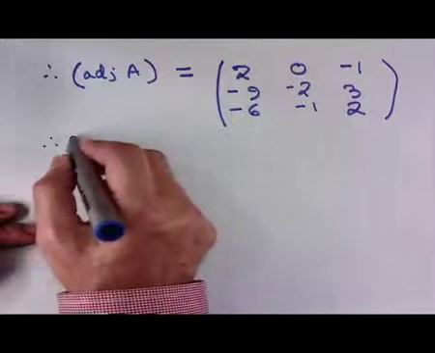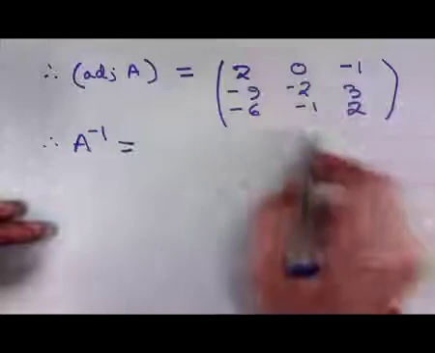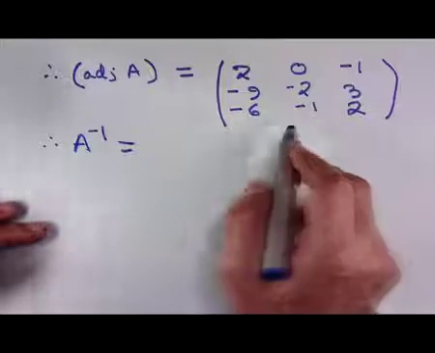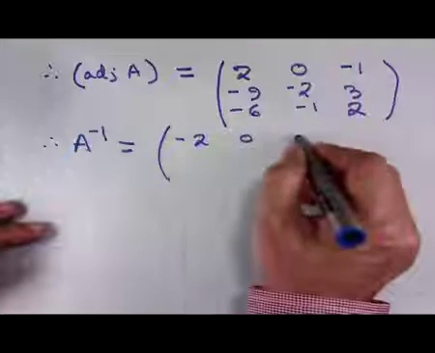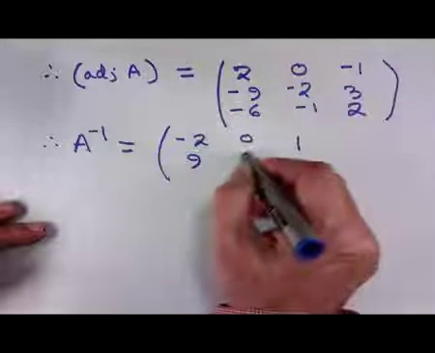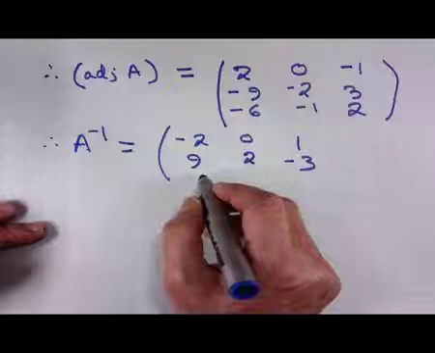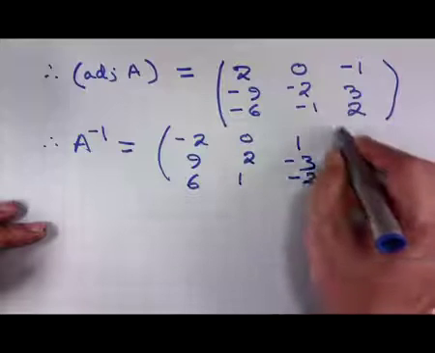Therefore, A inverse is equal to, we get by dividing this by minus 1, and therefore that is going to be minus 2 0 1, 9 2 minus 3, and 6 1 minus 2.